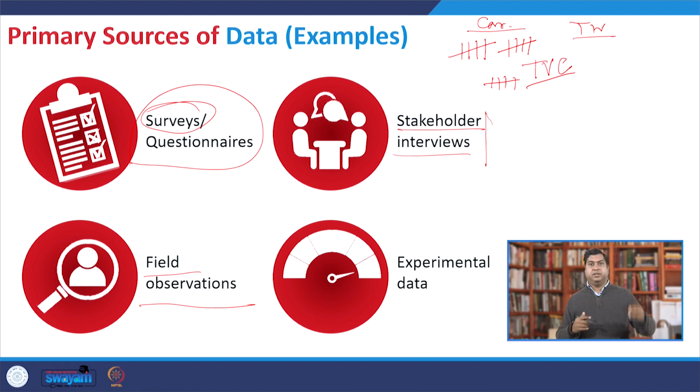There may be a checklist where you can note it down, or maybe you can measure something like, okay, this is the available width of the sidewalk or the road, or maybe the color of the building facade. So depending on the need you can have some field observation, which is not like taking a survey of people or the questionnaire survey.